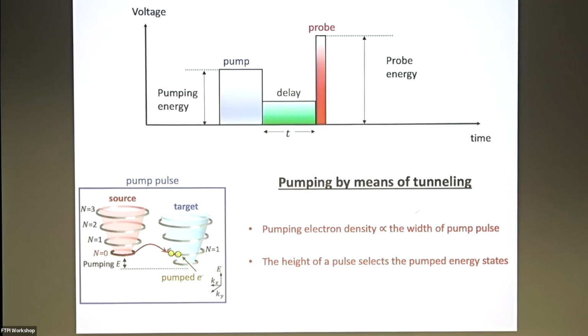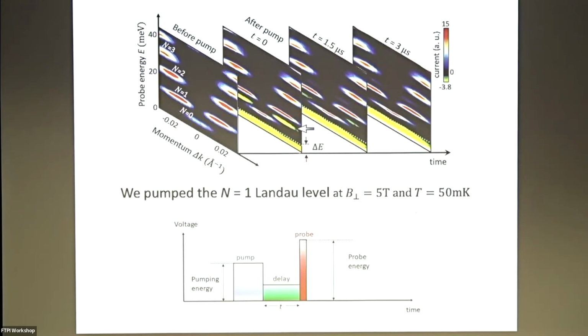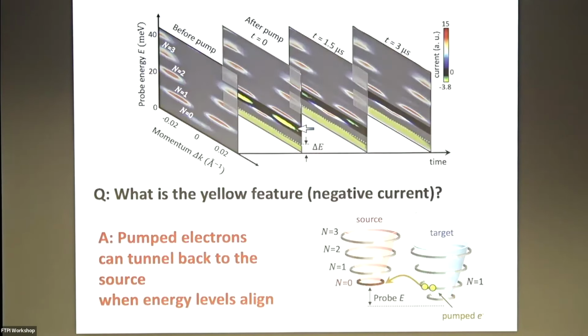Now, this yellow feature that you saw in the spectra, right here, is actually from electrons tunneling back during the probe pulse from n=1 in the target to n=0 in the source.